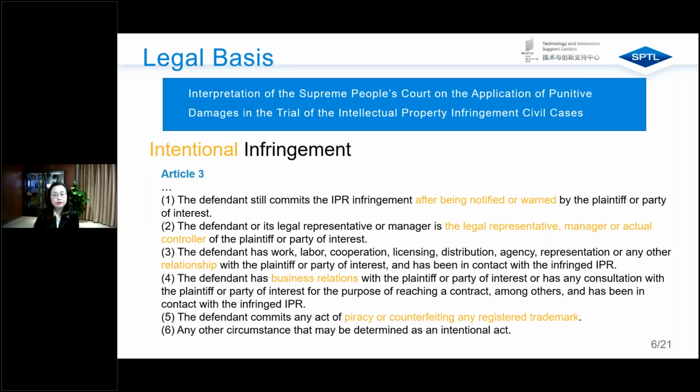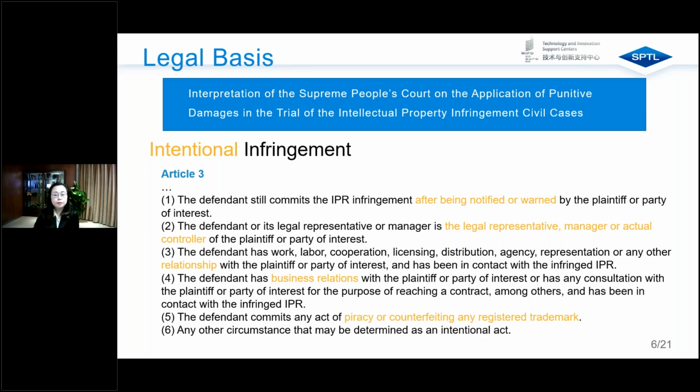The defendant has a labor, labeling, cooperation, license, distribution, agency, representation, or any other relationship with the plaintiff or party of interest and has been in contact with the infringed IPR. 4.